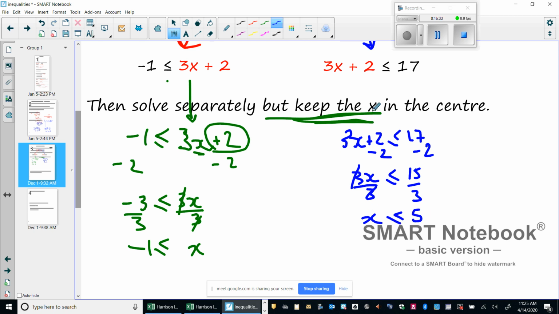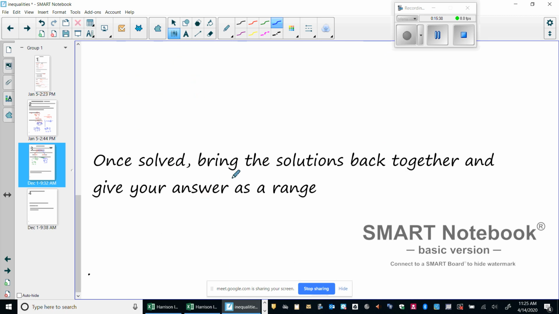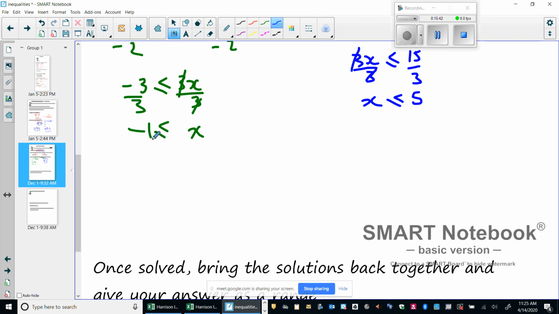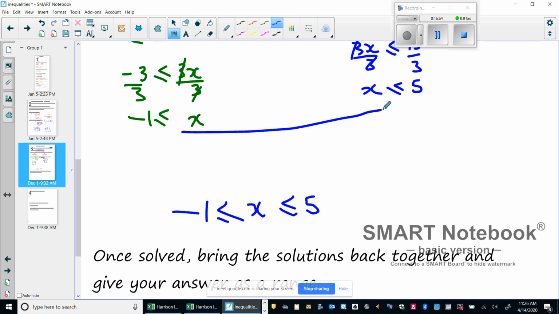Now, because we've kept the x in the middle, it means that it's now easy to bring those solutions back together. I'm going to write it above it, even though it says underneath it. So we've got -1 and then 5. My x doesn't need to be repeated.